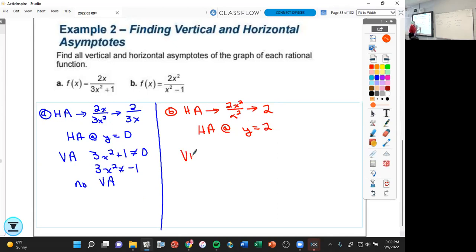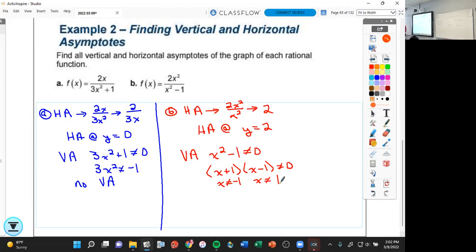Vertical asymptotes. What do we do? X squared minus 1 can be 0. Does this factor? It factors, which means x can't be 1 and x can't be -1.